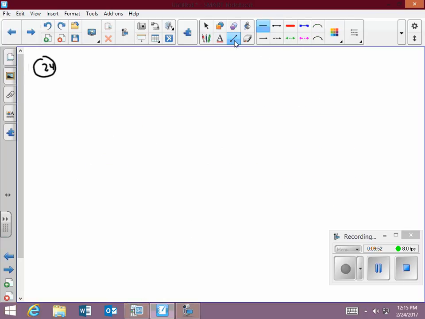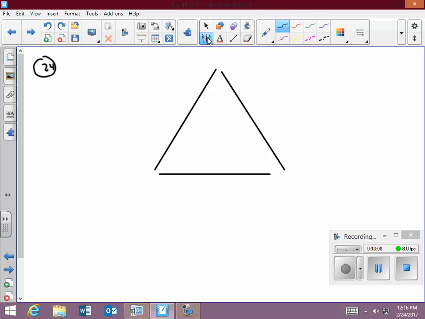Okay, this one, 24, equilateral triangle. It's telling us that we have an equilateral triangle, and then the altitude cuts the base in half. So all three sides are equal, and every angle has got to be 60 degrees, right?